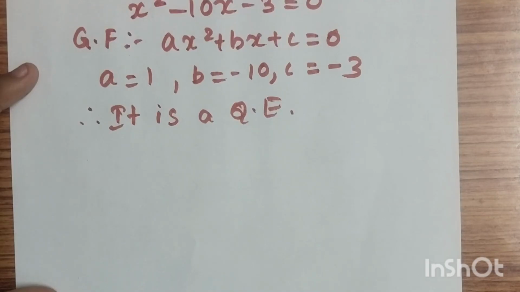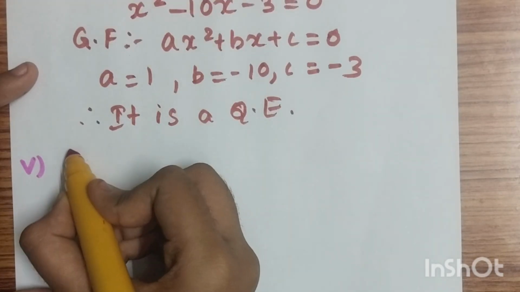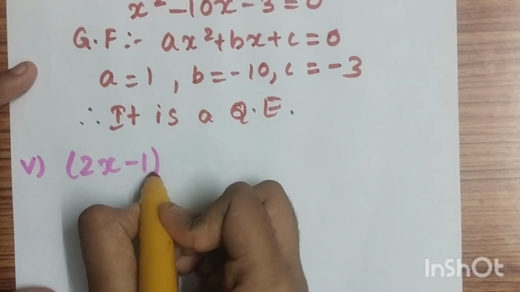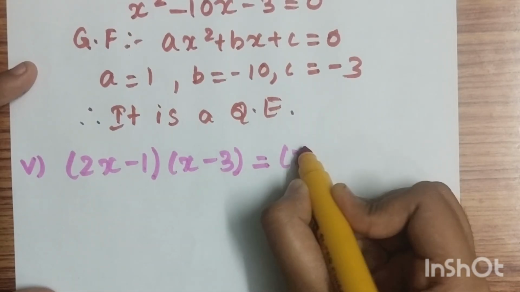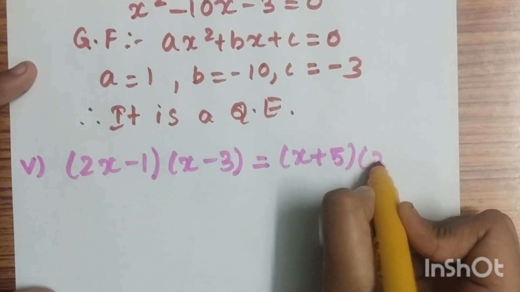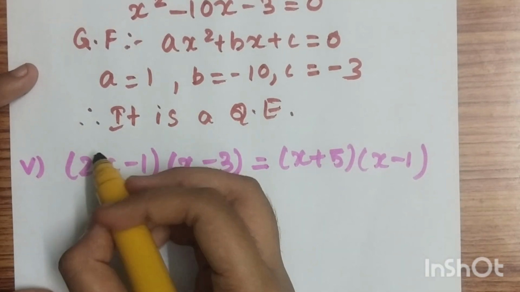Now fifth one. 2x minus 1, x plus 5 into x minus 1. Okay, so now I'm going to multiply this inside.